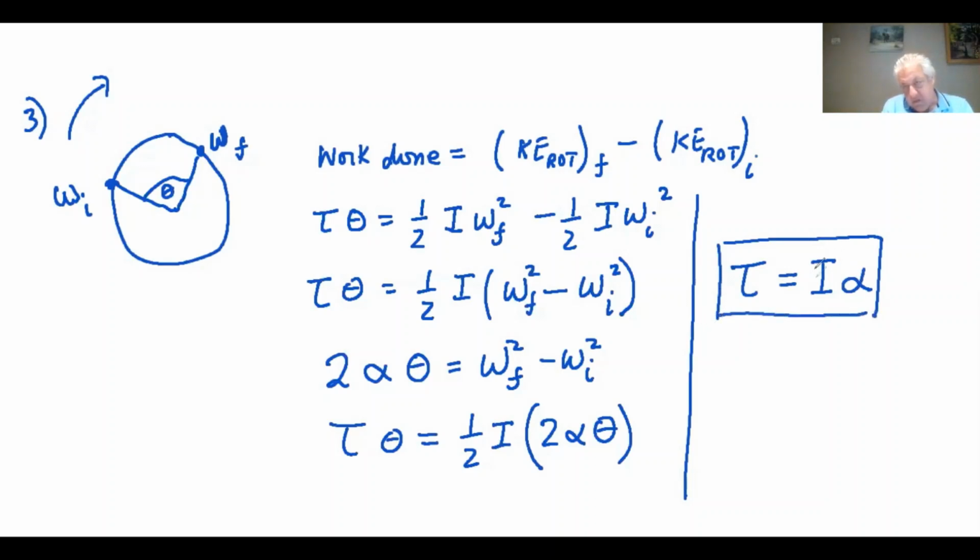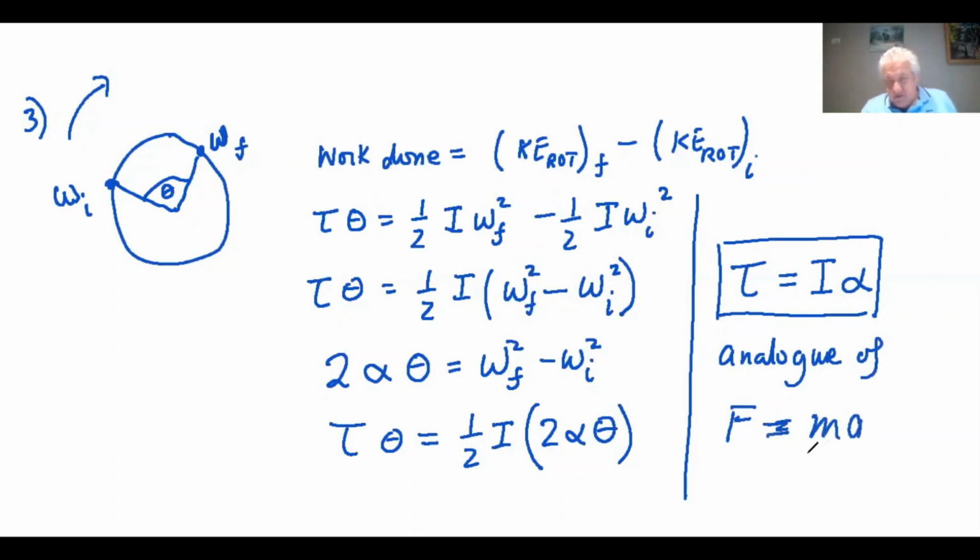This is my moment of inertia, my angular acceleration, and my angular force, the torque. This is the analog of Newton's second law: force is equal to the rate of change of momentum, which comes to F equals ma. Okay, that's number 3.